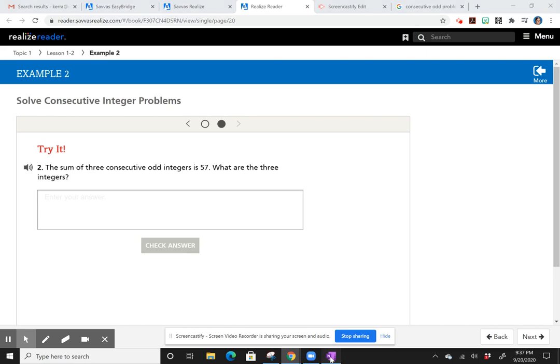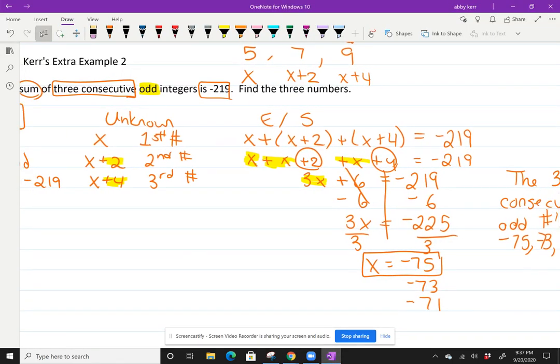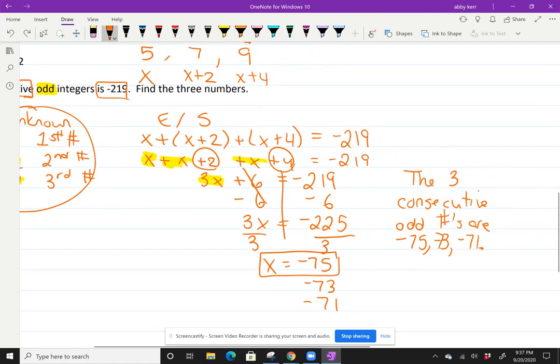So you are going to show work like I did in this example. It's going to ask you for the unknowns, and then you are going to build an equation based on the unknowns. Once you do that, make sure that you are adding 2 to your x.